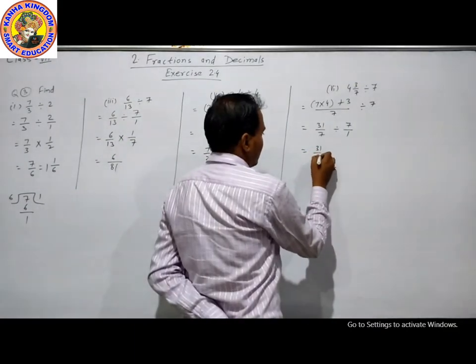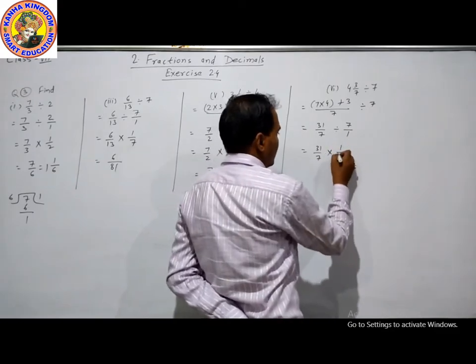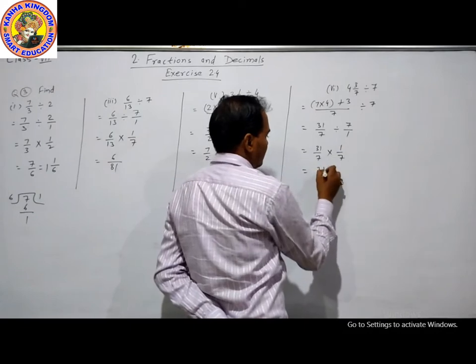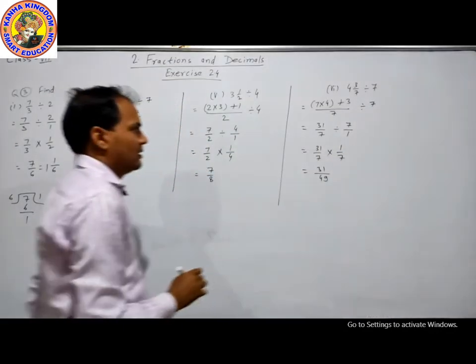Now 31 upon 7, divide will be changed into multiply, the reciprocal is 1 by 7. 31 into 1 is 31, 7 into 7 is 49. This is our answer.